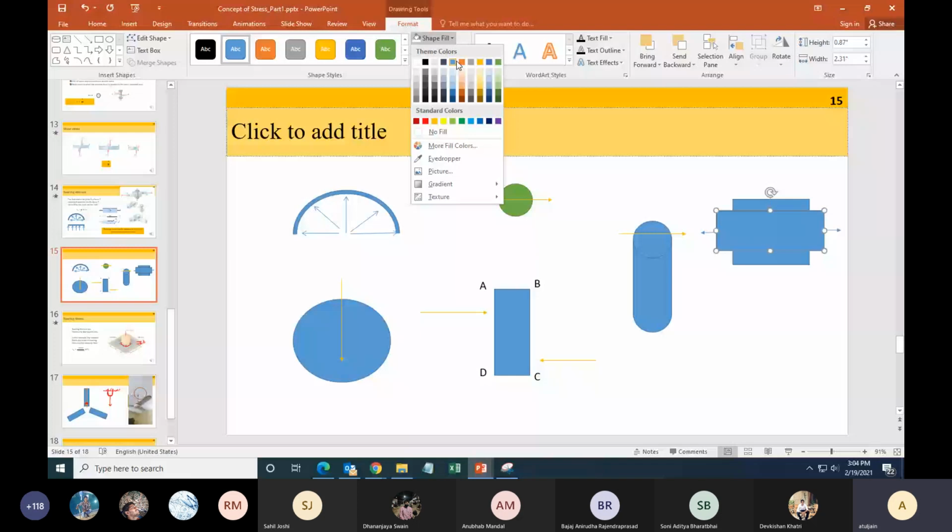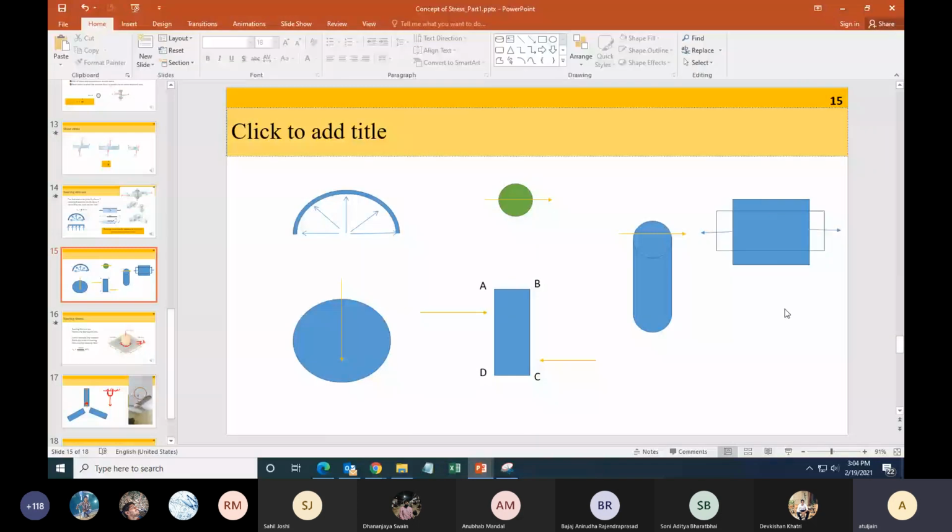Agree or disagree that if I apply a load to a square, the tendency of the body will be to increase like this, correct? So this is change in size. These 90 degrees are remaining 90 degrees.